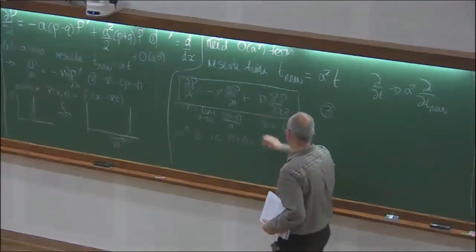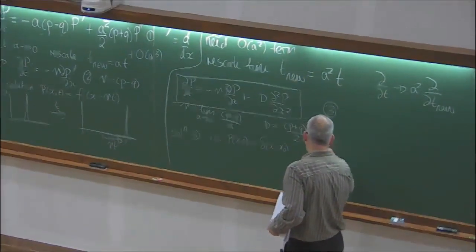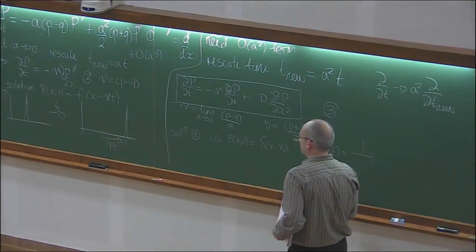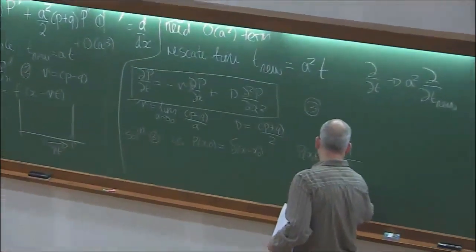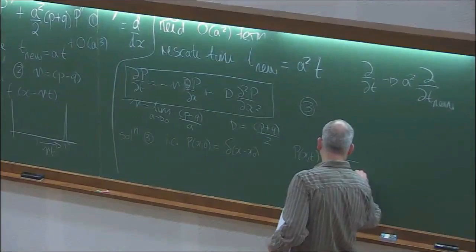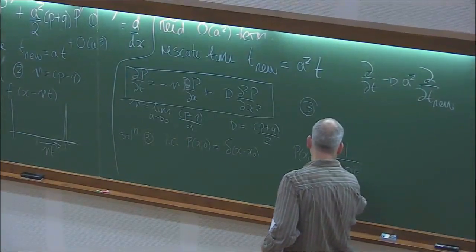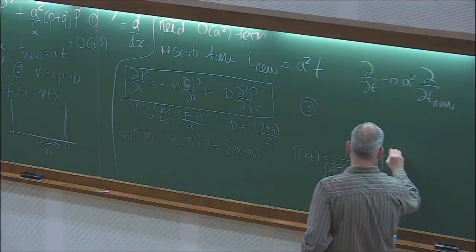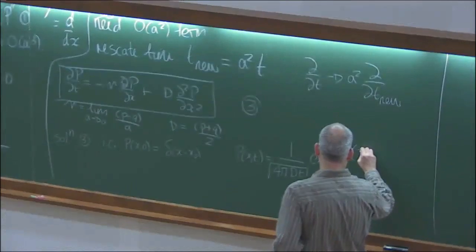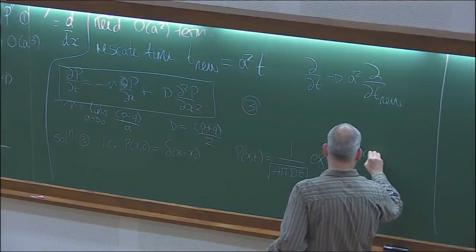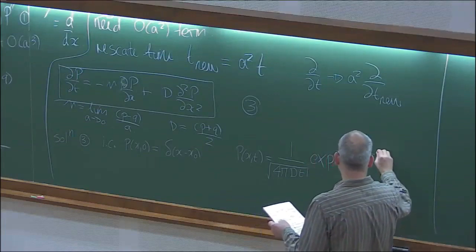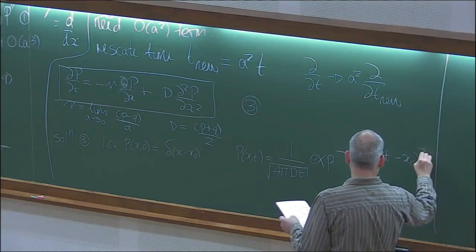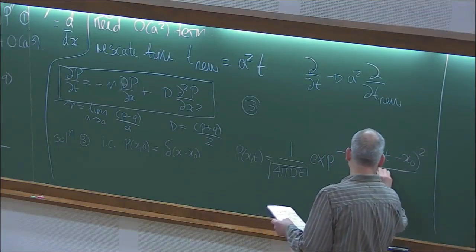The solution is P(x,t) equals the only thing I have to remember is where the 4s go: 1 over the square root of 4 pi D t, times exponential of minus (x minus vt minus x naught) squared over 4 D t.